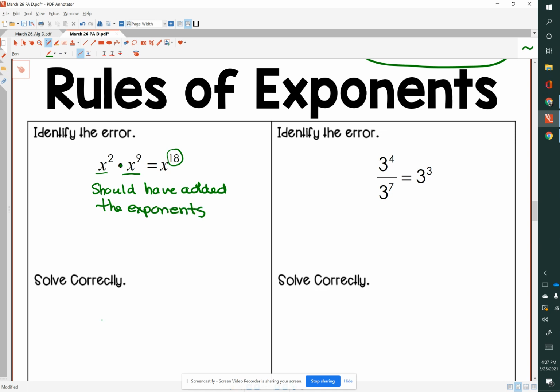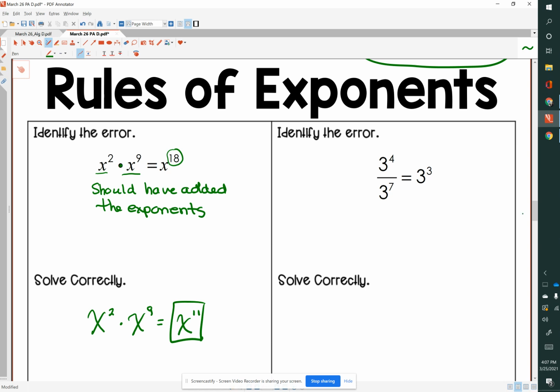So we're going to go ahead and solve that correctly. So x to the 2nd power times x to the 9th power is x to the 2 plus 9, 11th power. And that's the correct way to do that problem.